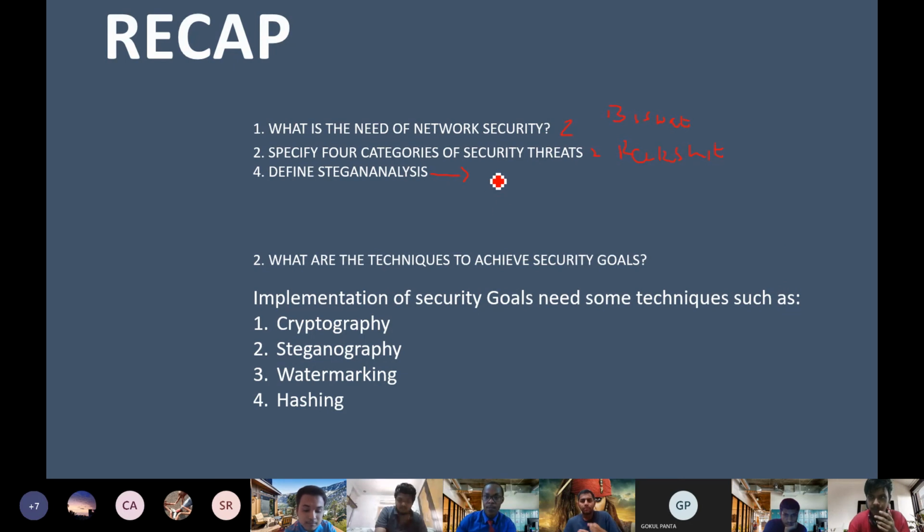Yes, Prince. Define stego analysis. Sir, to detect the presence of hidden information in a stego object. To detect the presence of any hidden information in any steganographic image or object.